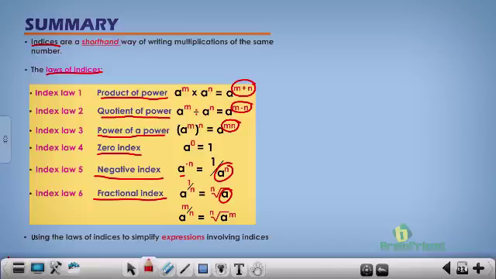If n was 4, the fourth root. We also explained that where our fractional power is m over n, our m represents a whole number power, while our n represents the root.